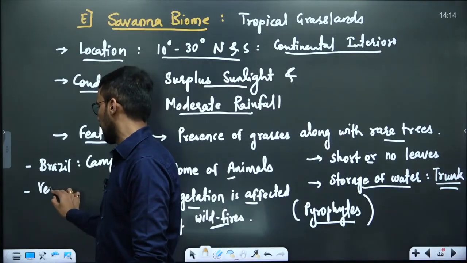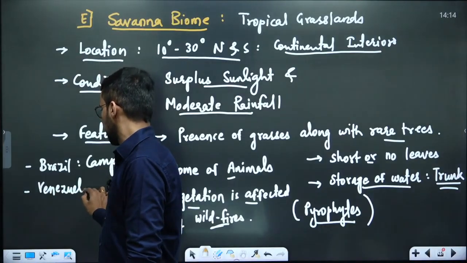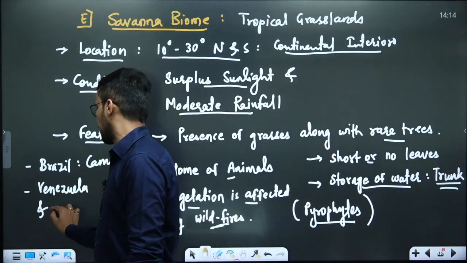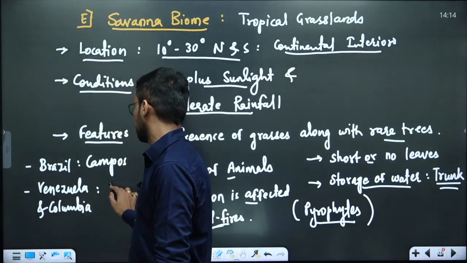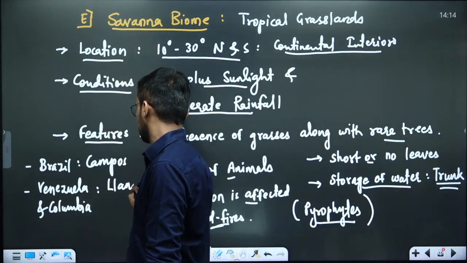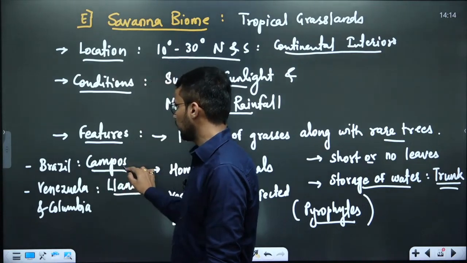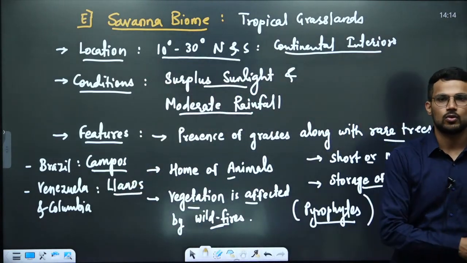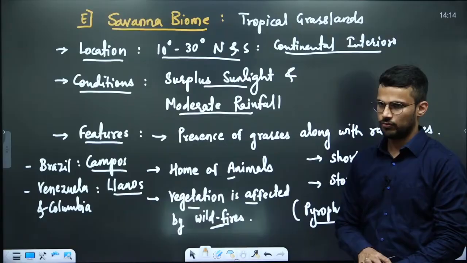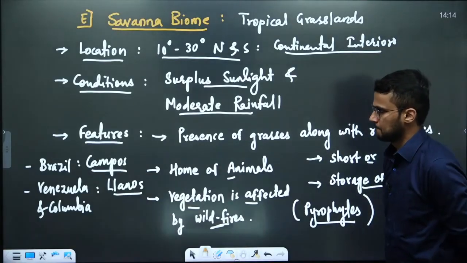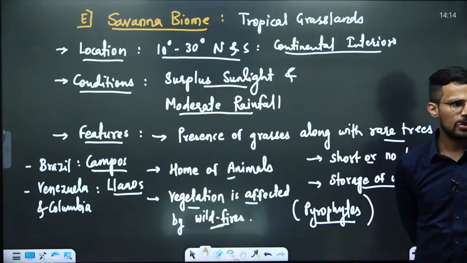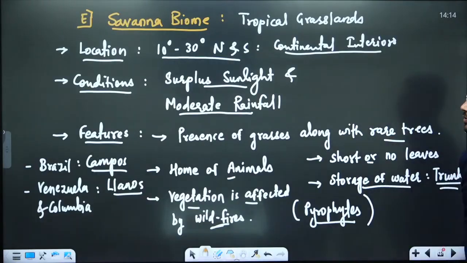In Venezuela and Colombia, it is known as Llanos, right? Campos and Llanos, these names also you should be aware of. Okay, that is savanna.